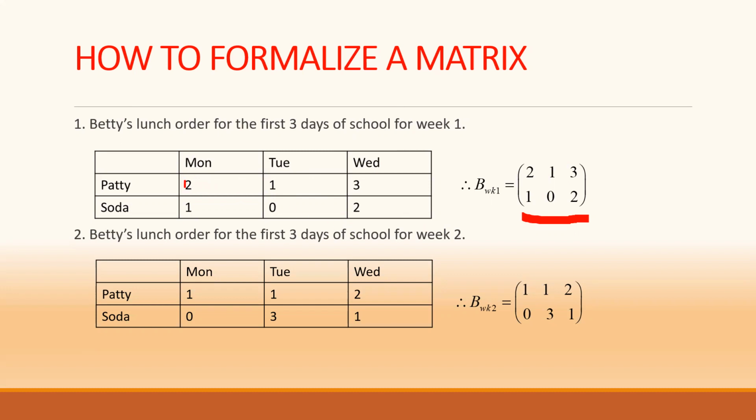Because once we can tell what is in which row and what is in which column, then we can express that from our table in matrix form. So formalizing a matrix is just basically giving you an idea that a matrix came from somewhere, right?